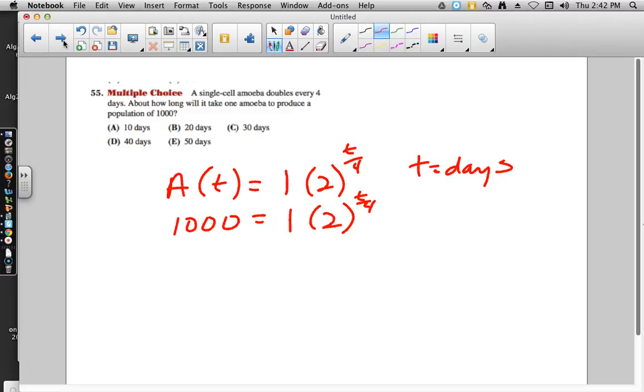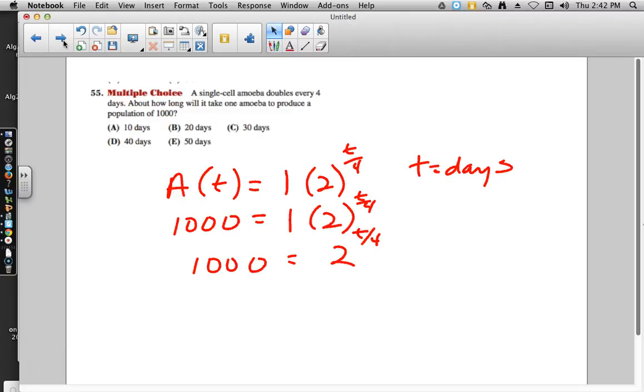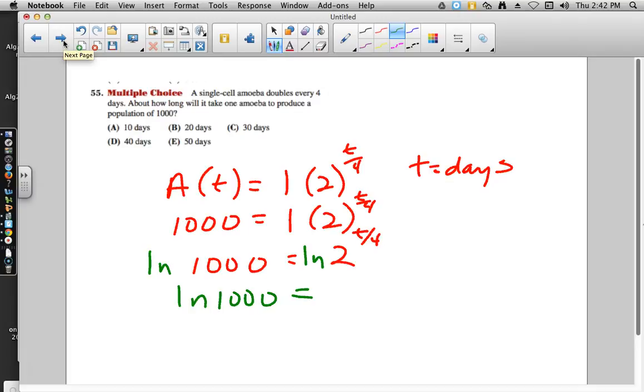Well, the first thing I'm going to do here is I'm going to use logarithms this time. That graphing calculator that I have there is not exactly a fabulous thing to work with. So when I get to this point, I'm going to go ahead and take the natural logarithm of both sides, and that'll give me the natural log of 1,000 equals, and in this case we have the natural log of 2, but this is a power. And remember from the properties of exponents that powers are multiplication.